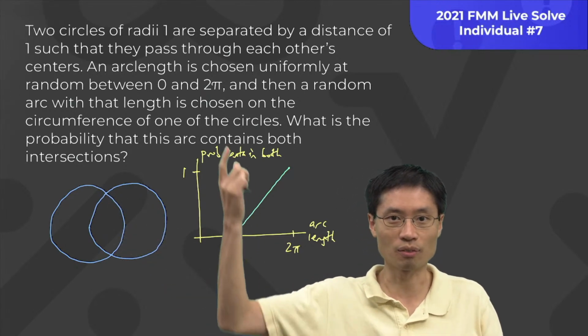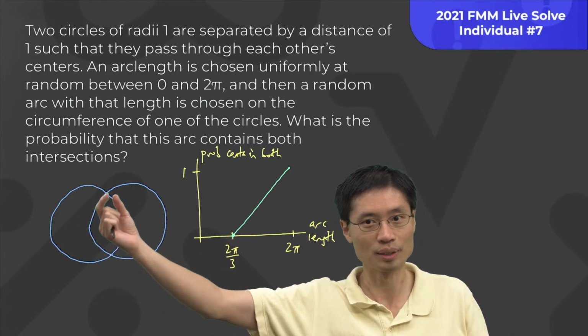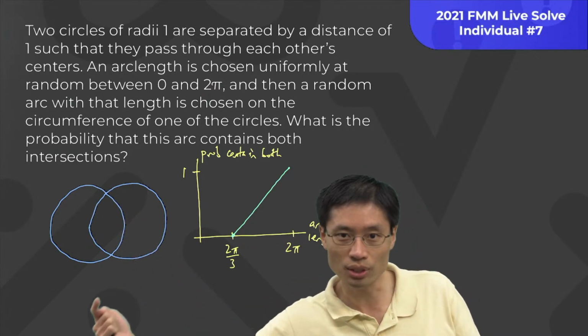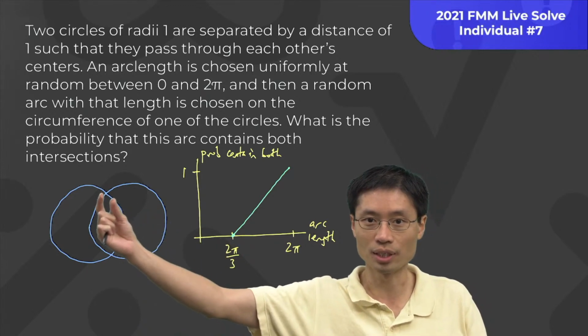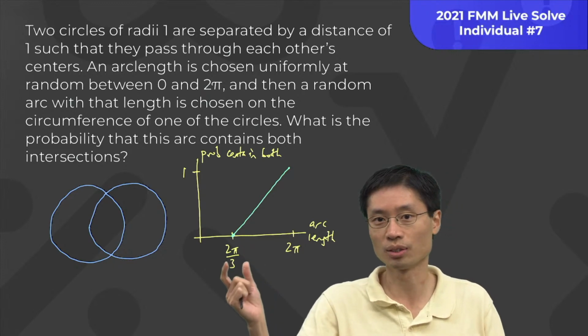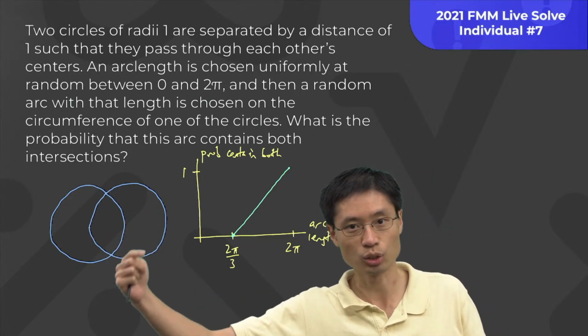And since I choose the arc with that length anywhere on the circle, it's like which one of those starting points was it out of the whole circle of starting points. So it's going to be that this green line, however much excess you have beyond 2 pi over 3, divided by this 2 pi that you have.